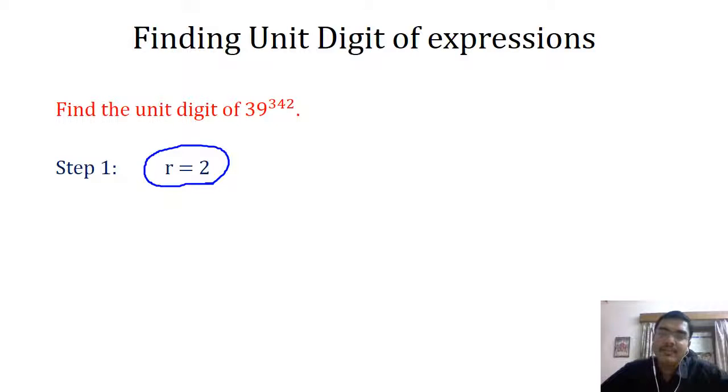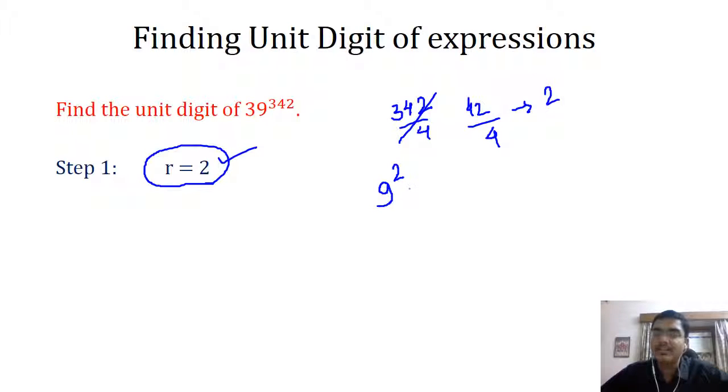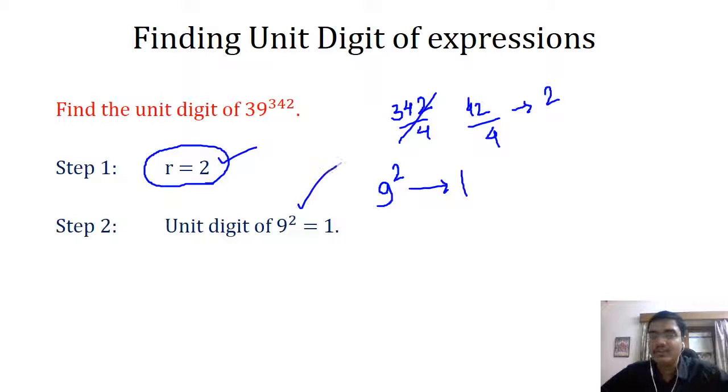If you have to find the remainder by 4, you need not divide 342 by 4; you can just divide 42 by 4, because the divisibility rule for 4 is that the last 2 digits should be divisible by 4. So our r is 2. Now we take the last digit of the number, that is 9, and find the unit digit of 9 square, which is 1. So the unit digit is 1, and that is our answer.